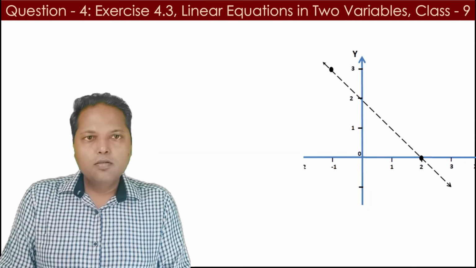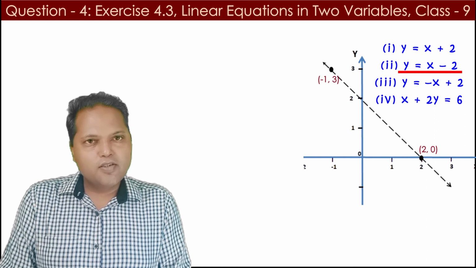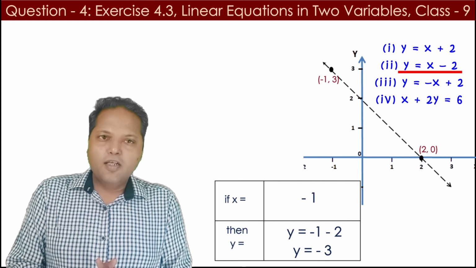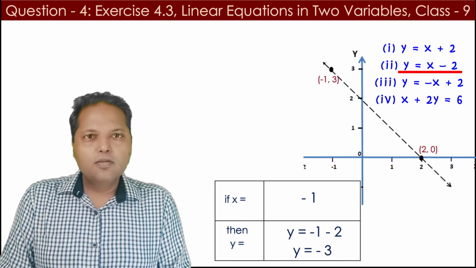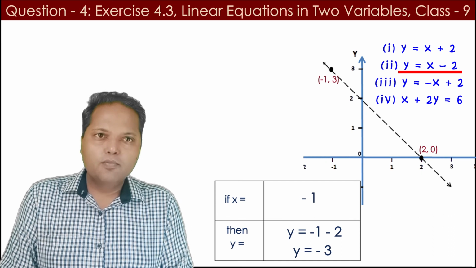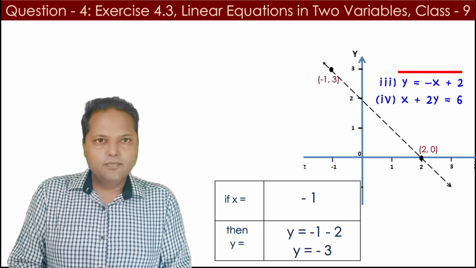Similarly, we will check out the next equation, and that is y is equal to x minus 2. And when we test this equation, we see that it is also not getting satisfied with the points here.